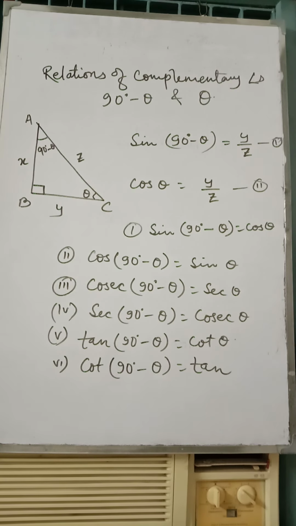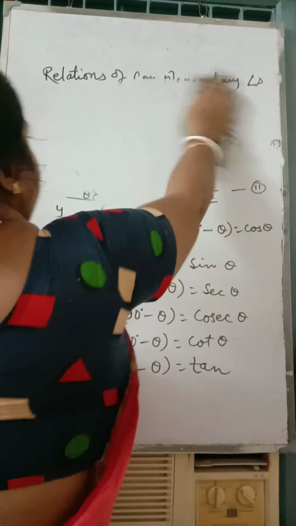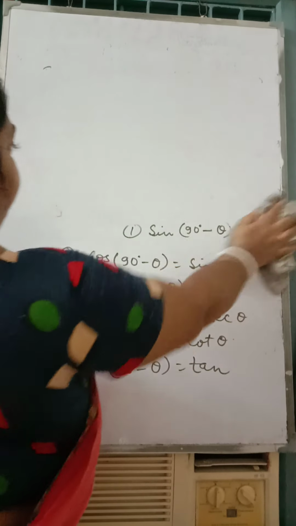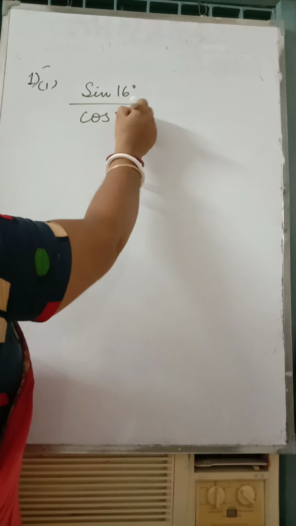The first question says, without using trigonometrical tables, evaluate questions 1 and 2. In questions 1 and 2, you have to use these complementary relations. Okay, my dear. Just see question number 1. Roman number 1 is sine 16 degree by cos 74 degree.